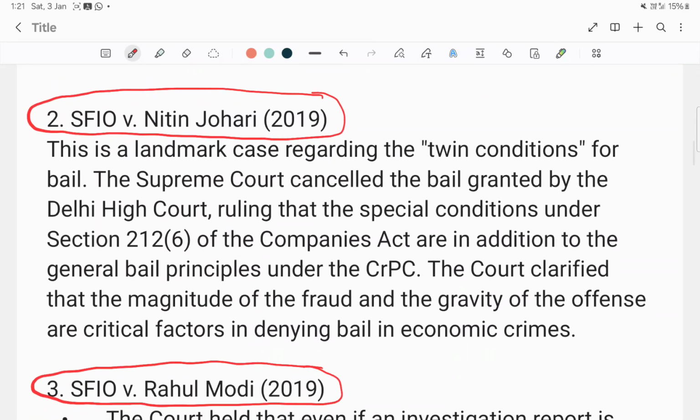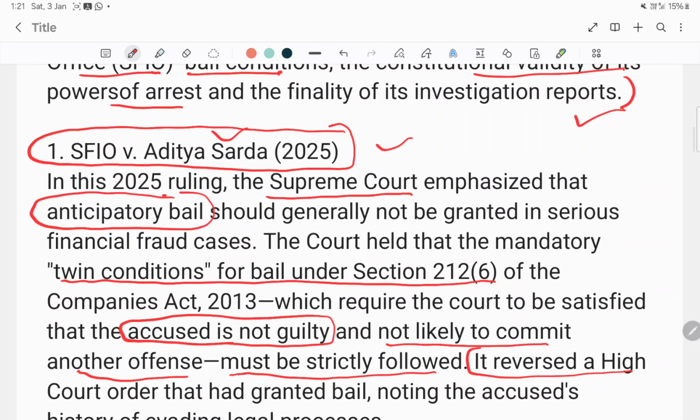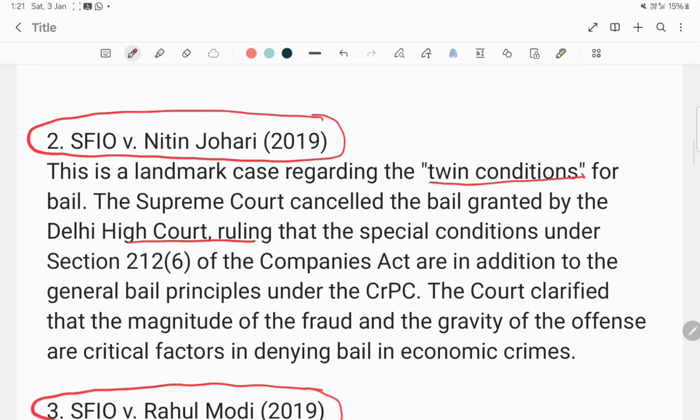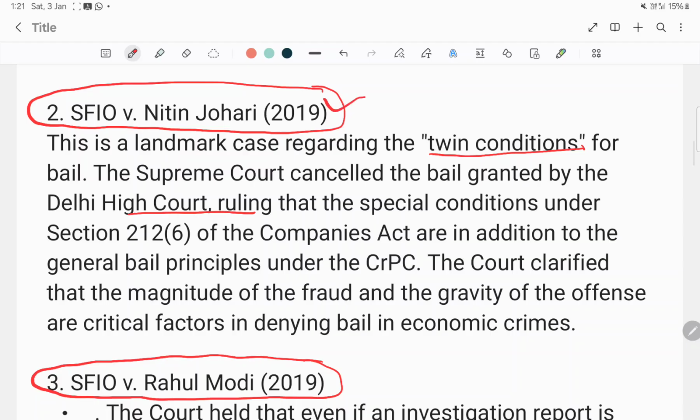Thereafter, SFIO versus Nitin Johri, a 2019 Supreme Court case. It is a landmark judgment on the twin conditions for bail. The Supreme Court cancelled the bail granted by the Delhi High Court. As in the Aditya Sarda case, the same facts are under consideration in SFIO versus Nitin Johri.